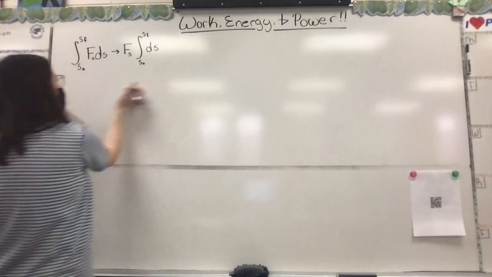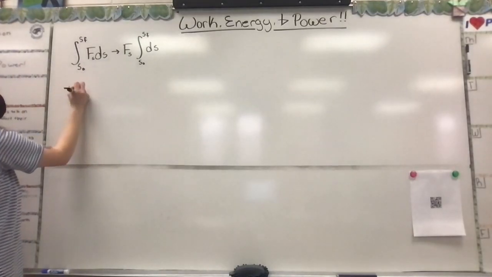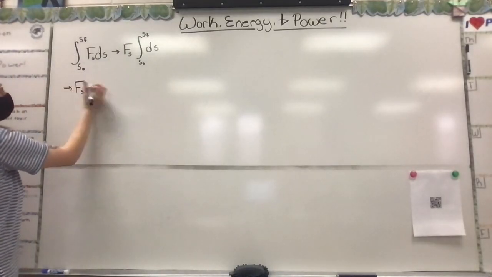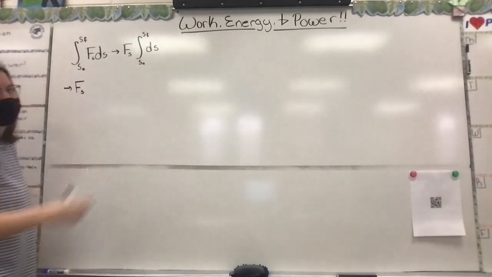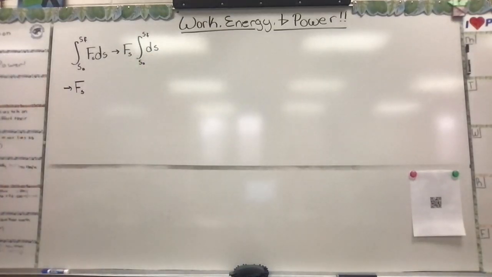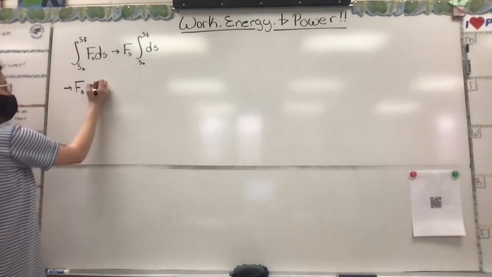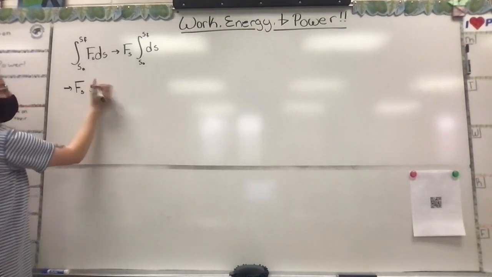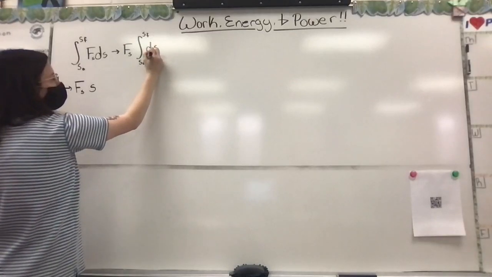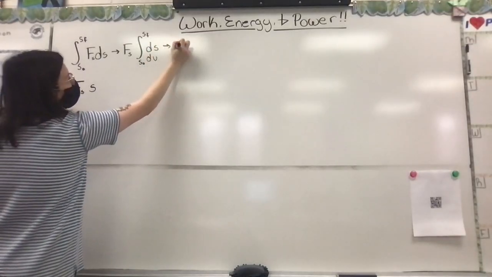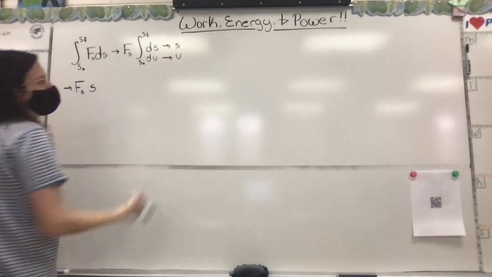Do you guys remember what just this would become in integration? If you just have a ds or a dv or a dt and there's nothing else with it, it just becomes an s. No matter what it is, even if it's dv, this would just become a v, and so on and so forth.